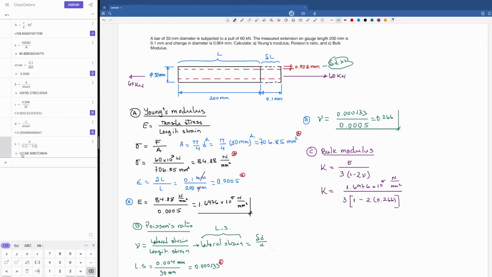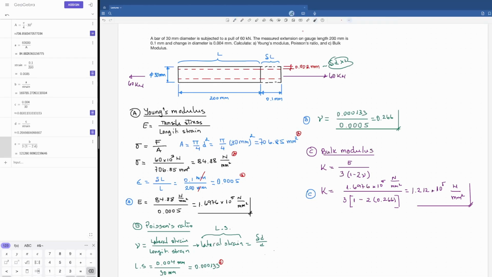Excellent. So we have 121,260, meaning that K, bulk modulus, I can write it like 1.212 times 10 to the power of 5. Which units? Only the ones that have the Young modulus, which is a stress or pressure unit, and that is newtons per square millimeter. And here we have our third response, C.